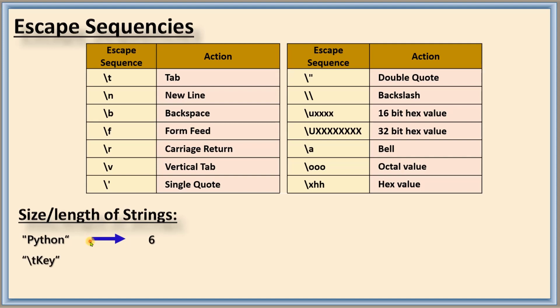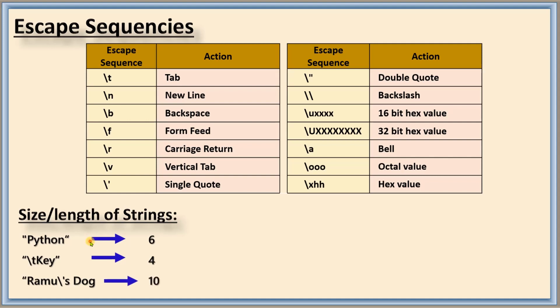Similarly, if you take an escape sequence, that is backslash and t, so that is one tab space, taken as one single space, and then KEY 3 letters, totally it becomes 4 is the size or length of the string. Another example, RAMU 4 letters, backslash quotation, that is 1, 5, S is 6 and then space is 7, again 3, so totally it becomes 10 is the size.